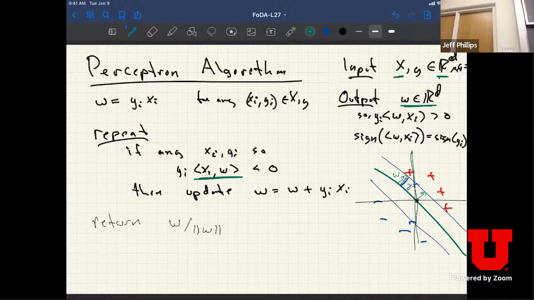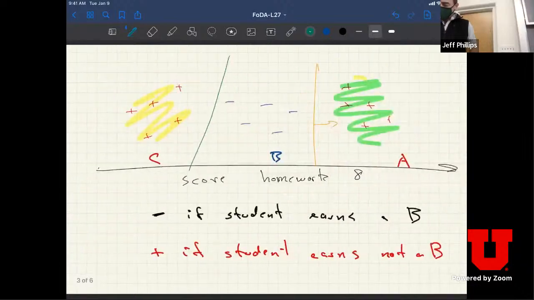And instead of doing an update where I add a vector to w, I just update my mistake counter. It's really updating a sum, right? I'm adding something to a sum. I just keep track of the mistake counter, and that updates my representation.